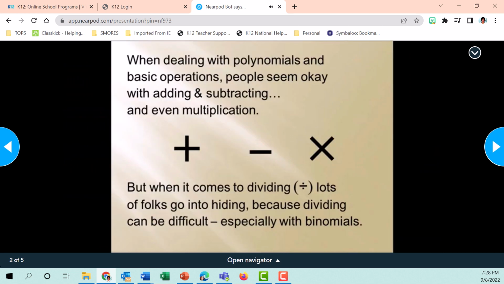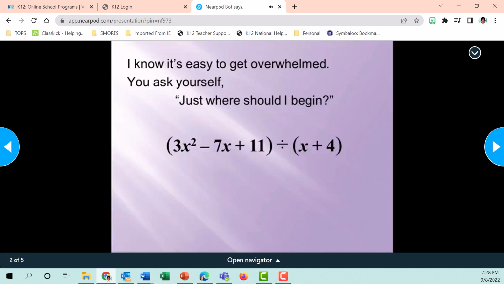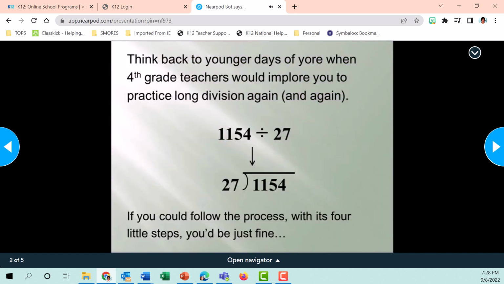When dealing with polynomials and basic operations, people seem okay with adding and subtracting and even multiplication. But when it comes to dividing, lots of folks go into hiding, 'cause dividing can be difficult, especially with binomials. I know it's easy to get overwhelmed. You ask yourself, just where should I begin? Think back to younger days of yore when fourth grade teachers would implore you to practice long division again and again.